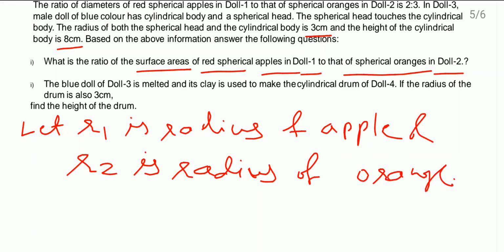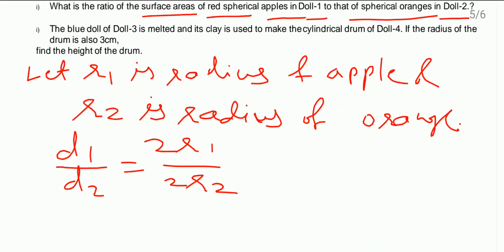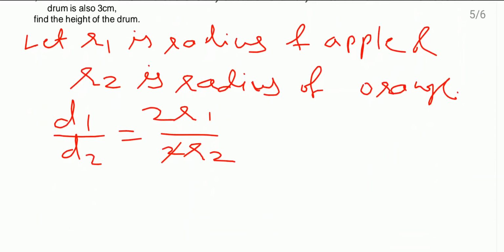So here I'll write down, they have given us the ratio of the diameters. D1 is to D2, that means 2 times the radii. Here also 2 times the radii, but the radii are different. I can just cancel this 2 and 2. So the ratio of the diameters, what they have given us? 2:3. So the ratio of radii also came 3 is to 2? No, it is not 3 is to 2. It is 2 is to 3.